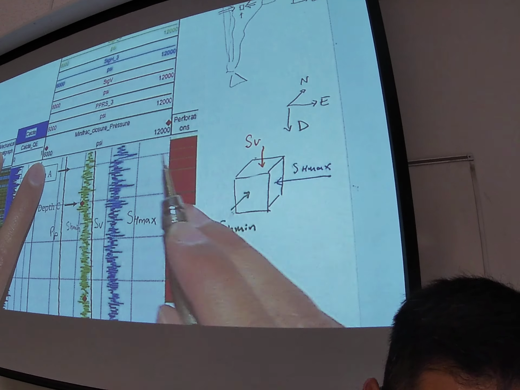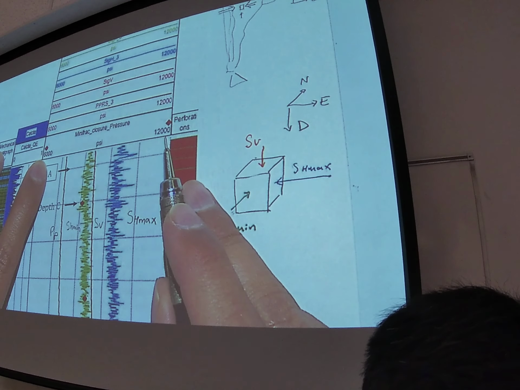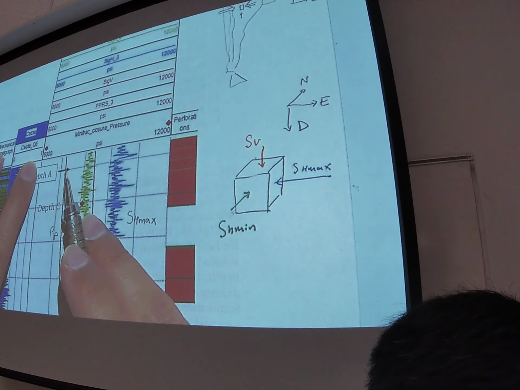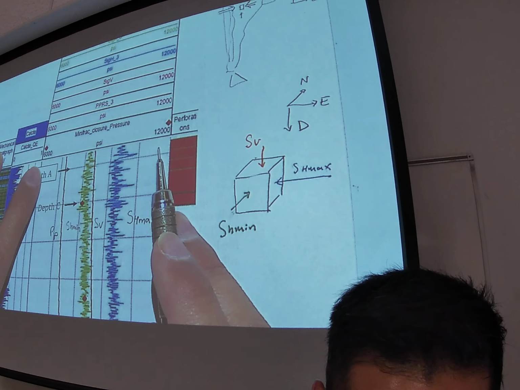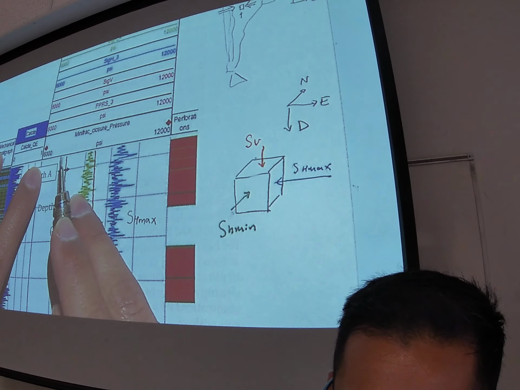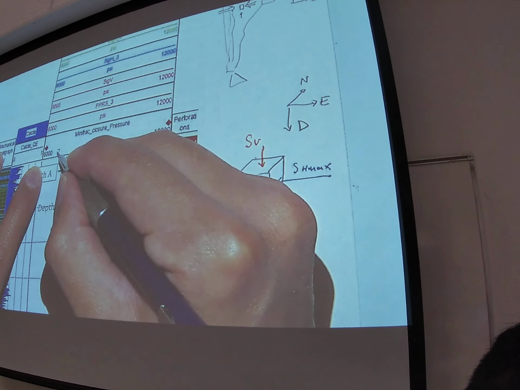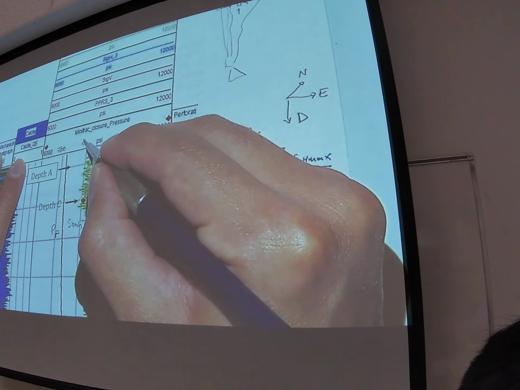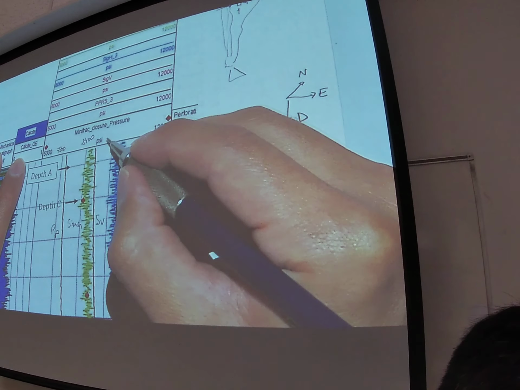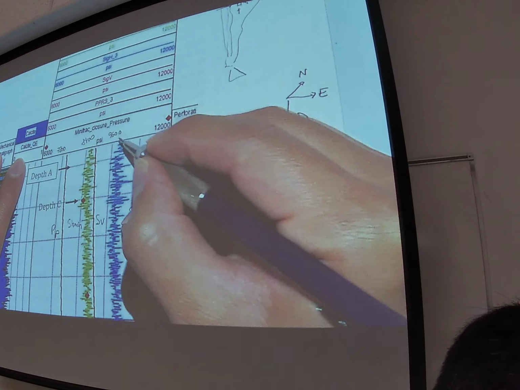let's try to complete this. This is 6,000, this is 12,000, and there are 1, 2, 3, 4, 5 grid spaces. Then what is going to be the next number? 7,200. The next one is going to be 8,400. The next one is going to be 9,600.